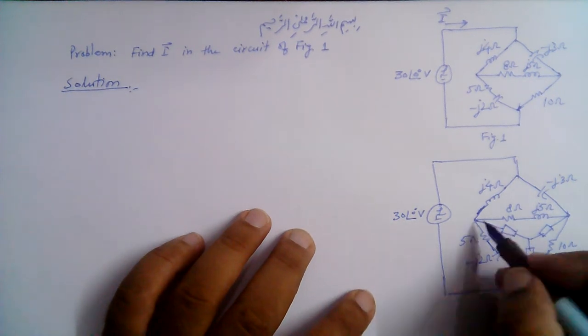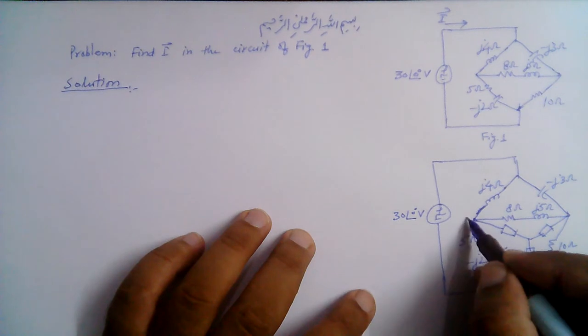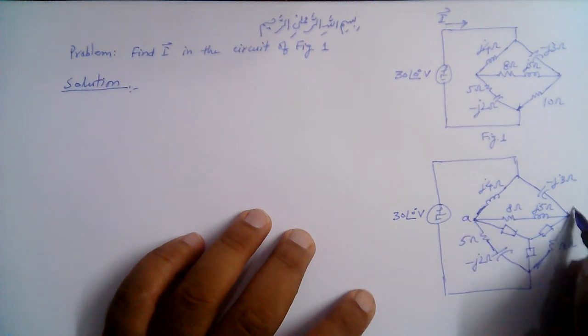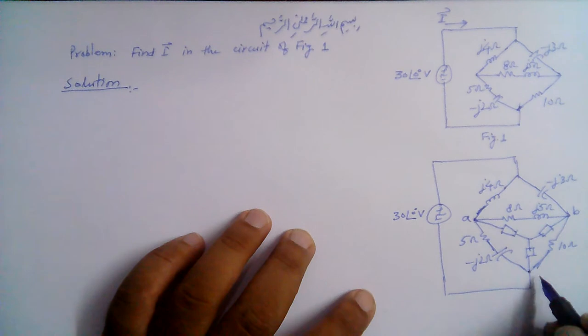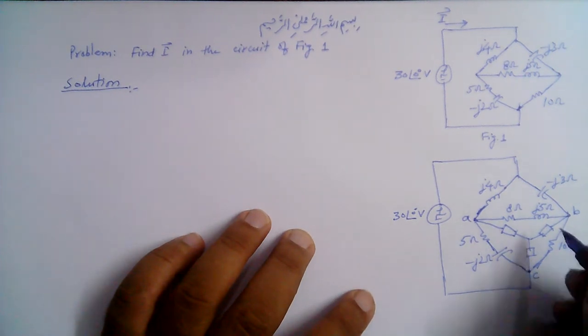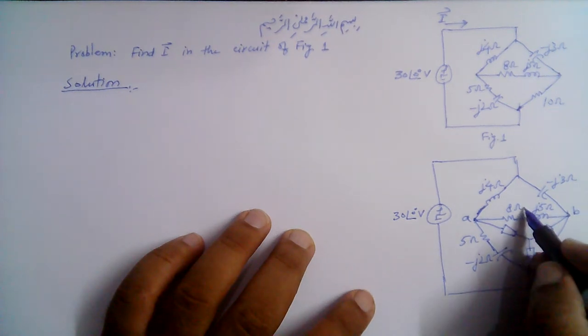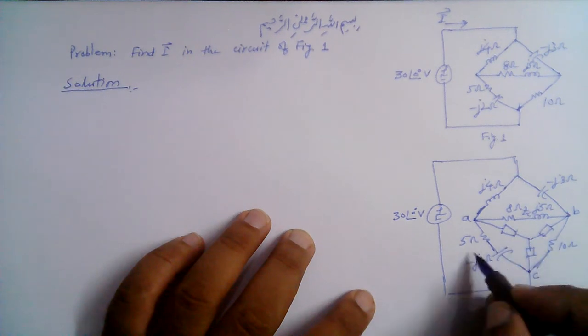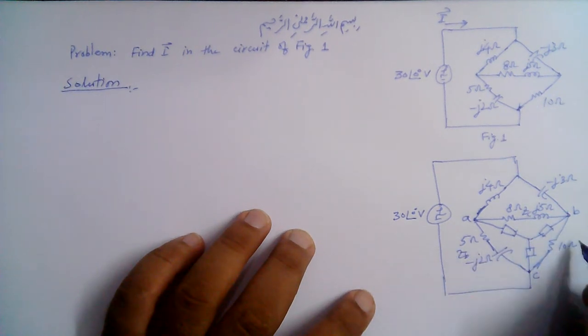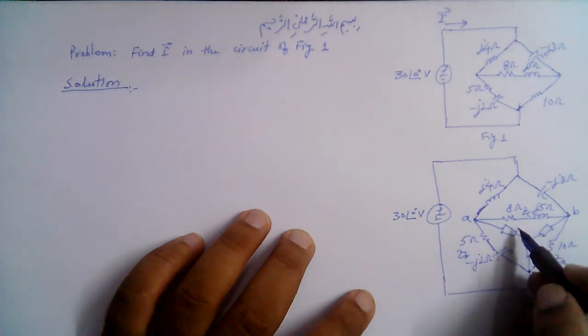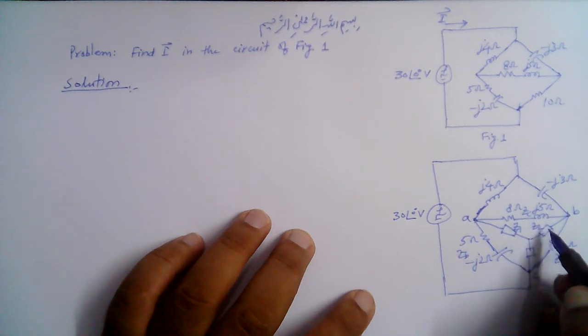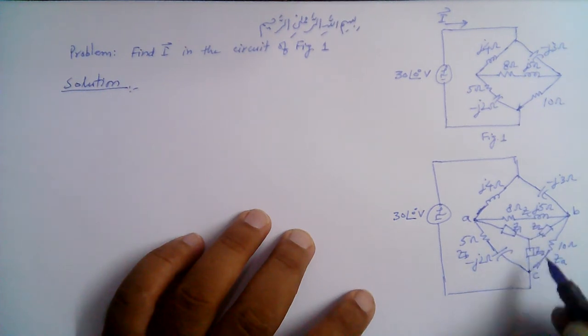Let's designate this as A, this B, and this as C. So we can then label this branch as ZC, this branch as ZB, and this branch opposite to A as ZA. Similarly, we can label this impedance here Z1, this as Z2, and this as Z3.